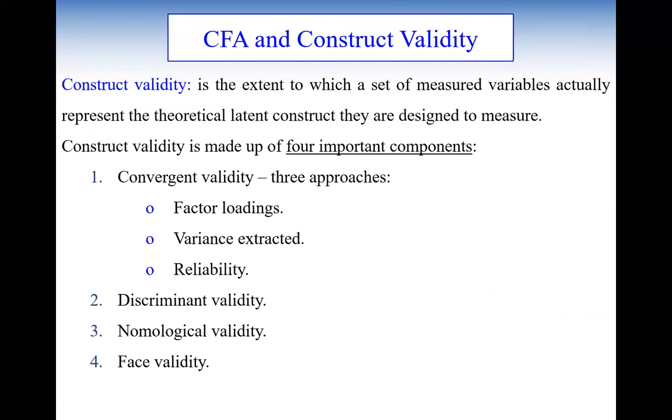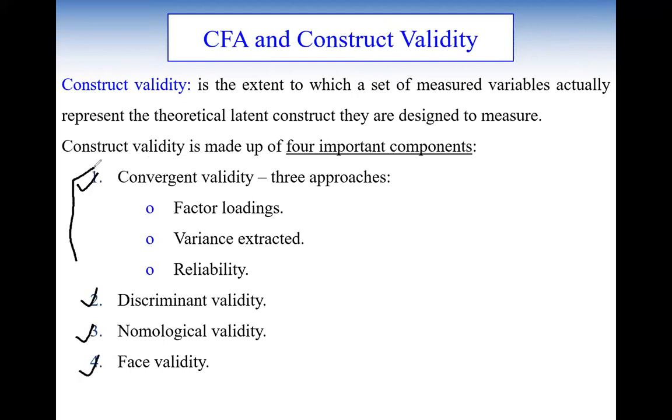When we test the CFA, confirmatory factor analysis, we check the construct validity. In construct validity, construct means factor. So how to check? Whatever questions you are using to check the validity of your model, you need to check the convergent validity, discriminant validity, and nomological or face validity.